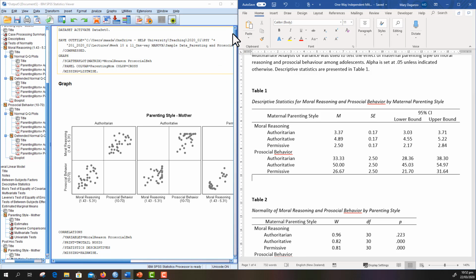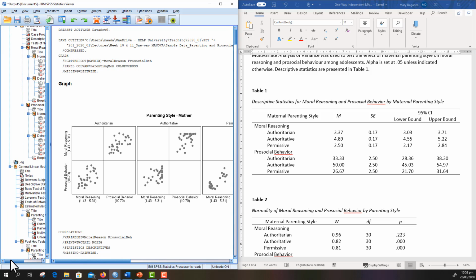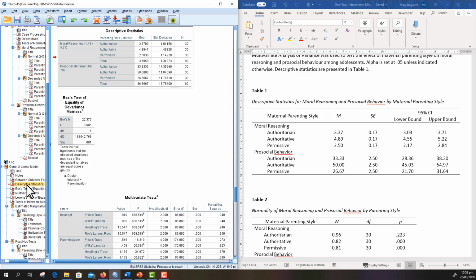So these values here actually came from our estimates. Okay? So you can report using the table, the values from the descriptive statistics.